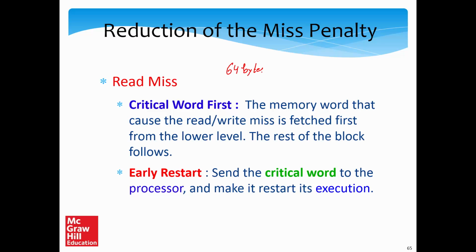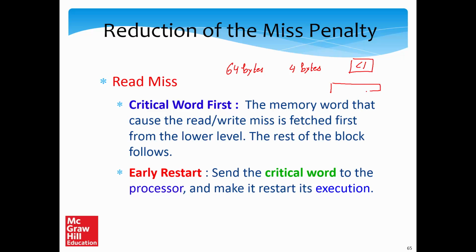But when we read an integer, that might only be 4 bytes. So in these 64 bytes, if we wanted to read an integer and we didn't find it in the L1 cache, we would only be interested in 4 bytes, right? Even though the entire block needs to be fetched as an indivisible unit, we are primarily interested in 4 bytes. So what we can do is slightly tweak the system here.